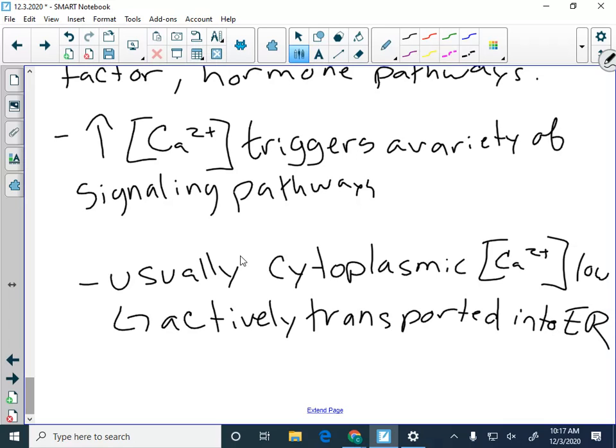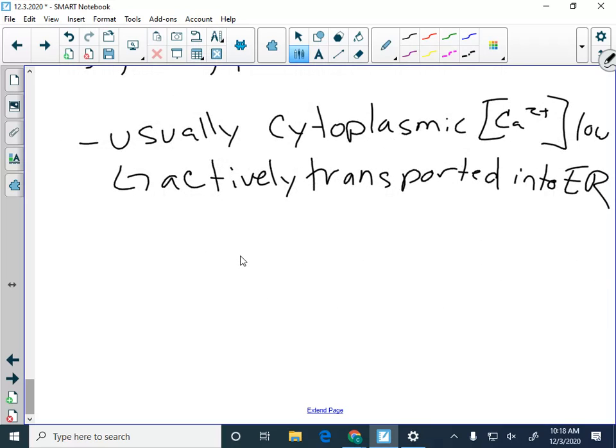That's where we store it. We need it for signaling molecules, but we need to keep the concentration in our cytoplasm low, because if not, it would be hard to detect concentration changes. So if we keep it super low, any calcium ion can be easily detected and we can notice the concentration change. So, a small change is a big deal.